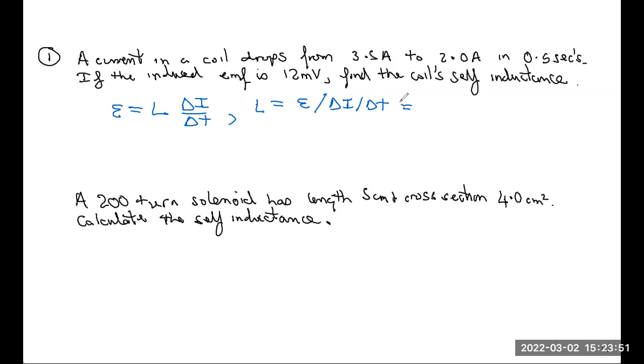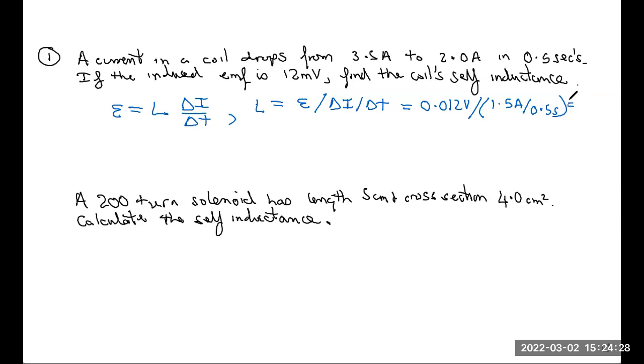The induced EMF is 12 millivolts, so that's 0.012 volts. And that's divided by the rate of change of the current, which is the current changed by 1.5 amps. And that change occurred in half a second. And so actually the rate of change of current is 3 amps per second.